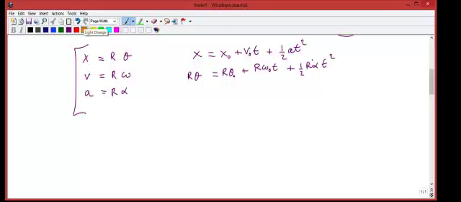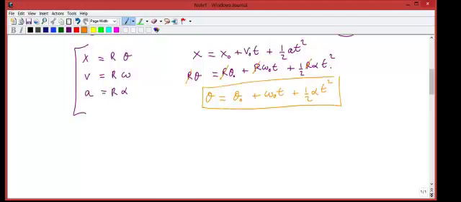R shows up in every term. And now we have angular displacement theta is equal to the initial angular displacement plus the initial angular velocity times time plus 1/2 angular acceleration times t squared. Exact same equation of motion as chapter 2 and chapter 4, whether you do linear or angular.